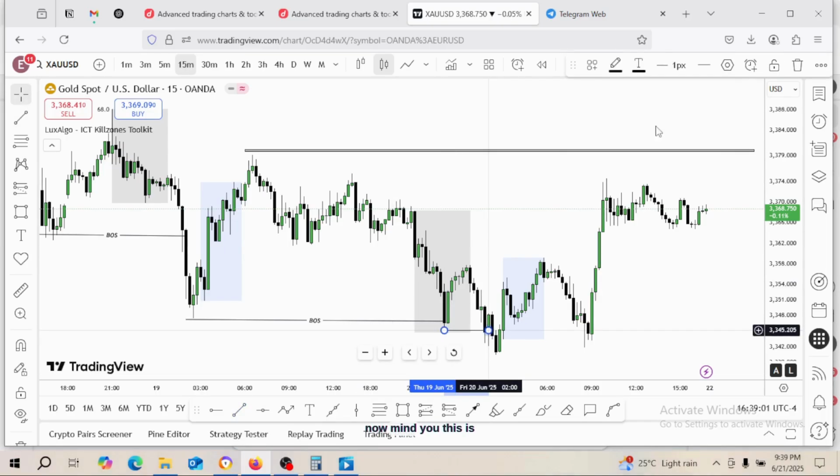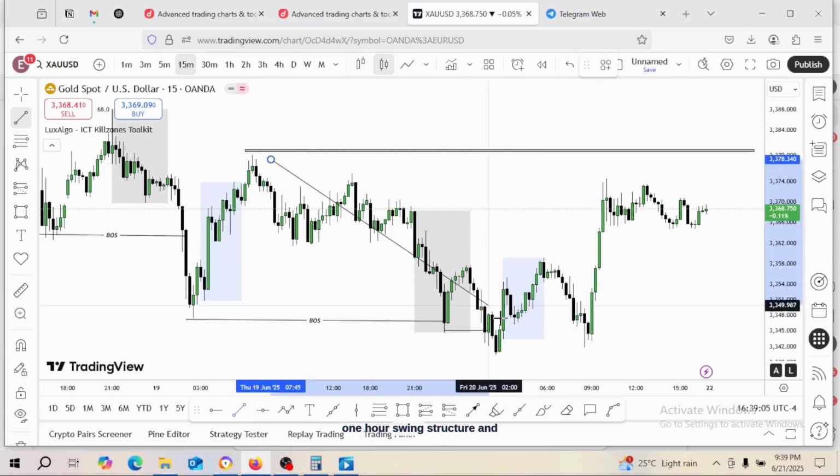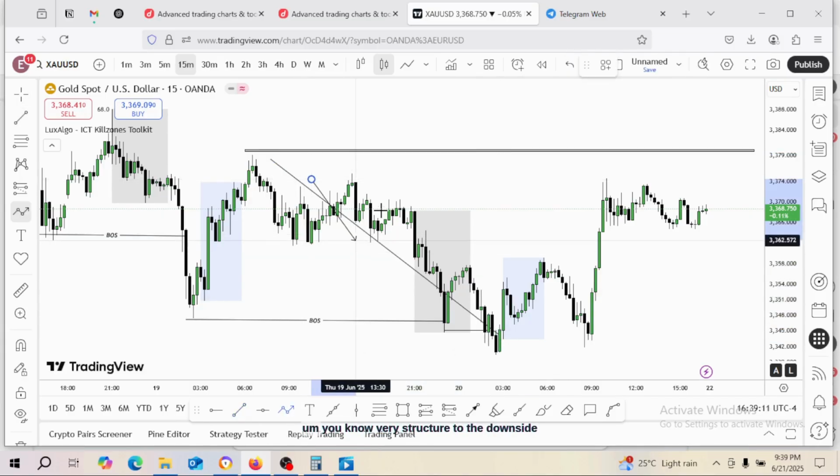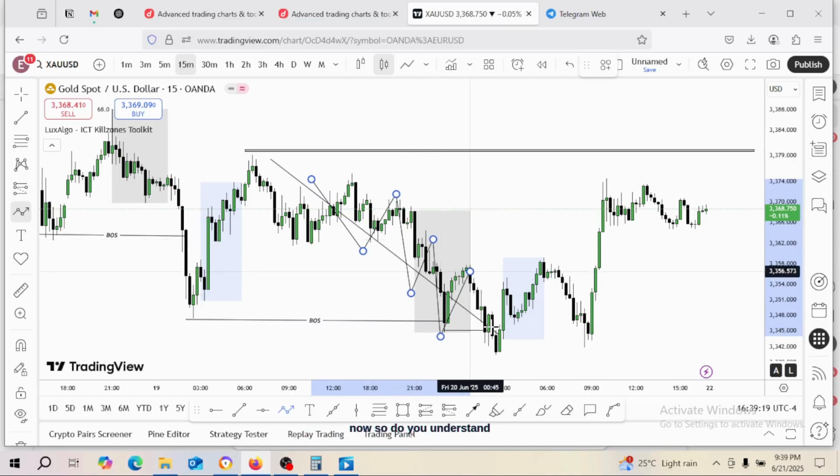Now mind you, this is the 1-hour swing structure, and inside the swing structure you want to see the immediate lower time frame creating bearish structure to the downside, something like this, giving you this structure which I already mapped out right now. So do you understand, guys?